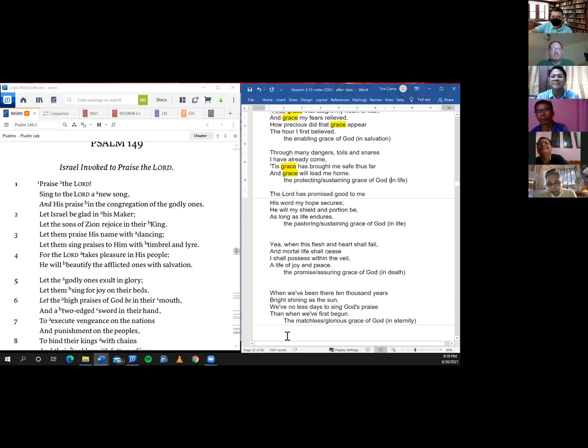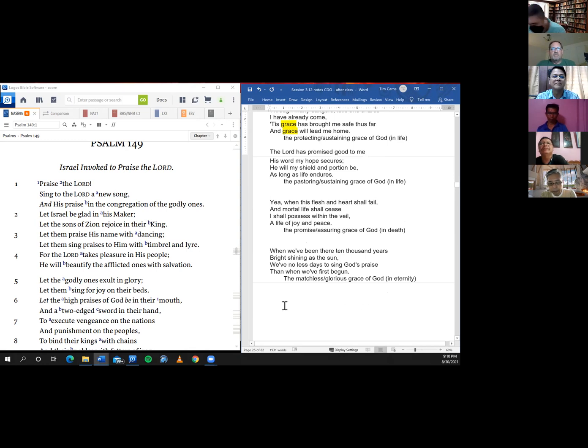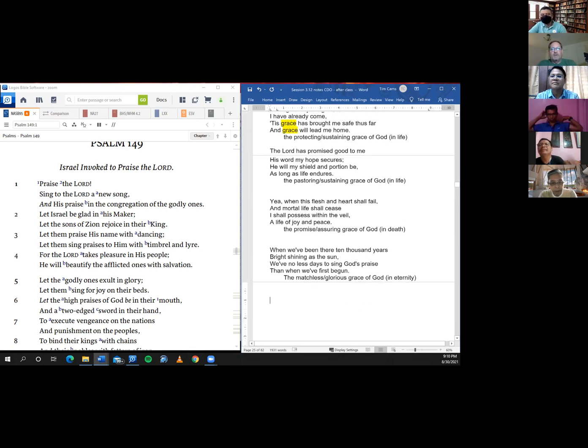The title of the song is God's Amazing Grace, and we could see stanza 1 in salvation, stanza 2, again in salvation.